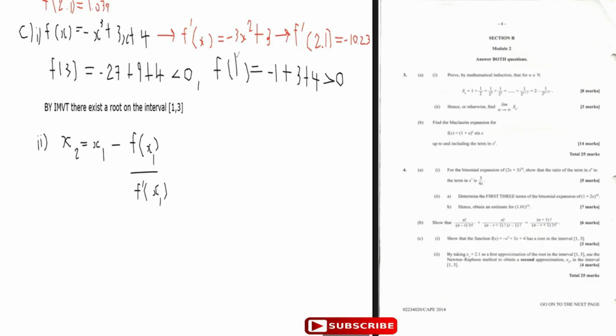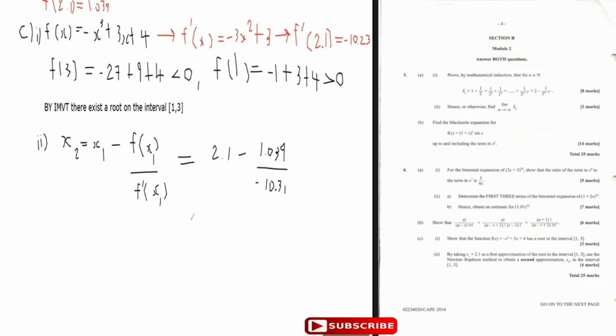So finally, we can find the second approximation. That is x1, which is 2.1, minus f of x1, which is 1.039, and this is divided by f prime of 2.1, which is minus 10.39.